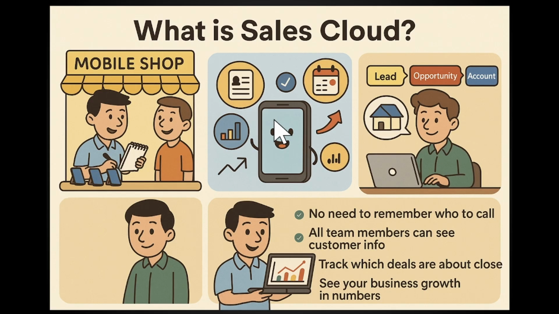It saves customer details, reminds you when to call them, and shows which phones are selling most, and your team can see everything too. Your team can also track their sales, so all of you are on the same track. That is what Sales Cloud does for businesses.